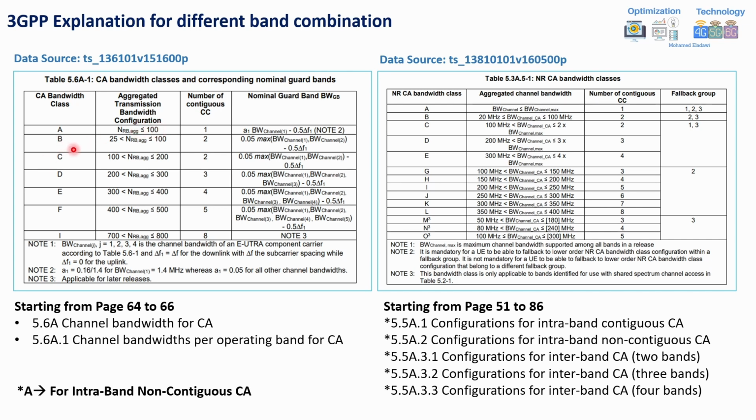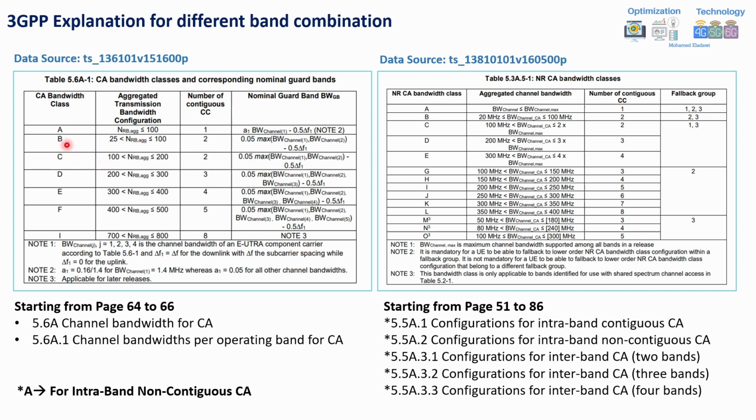Second example, if it's showing B, this means you can have a maximum of two contiguous component carriers with a maximum bandwidth of 100 RB, which means the two carriers together can be a maximum of 20 megahertz, so one carrier 10 megahertz and the other 10 megahertz.